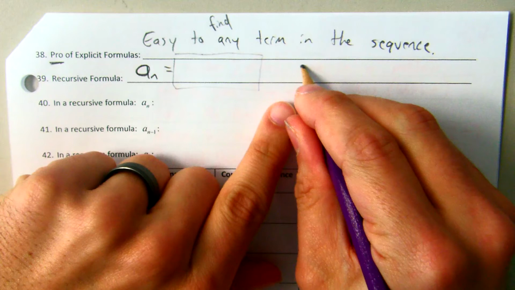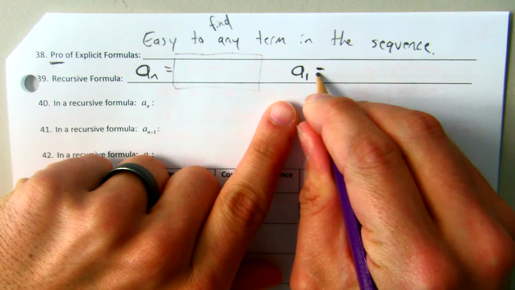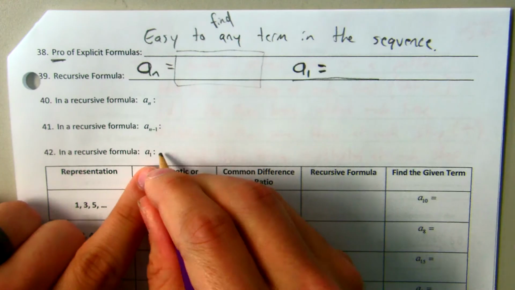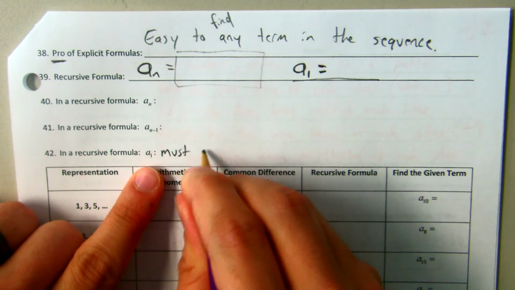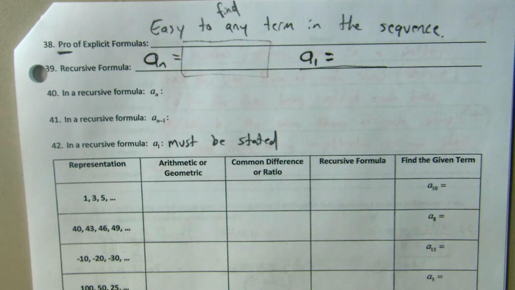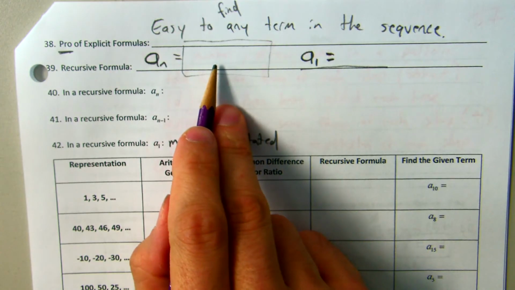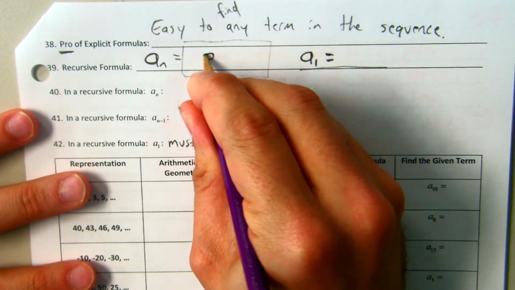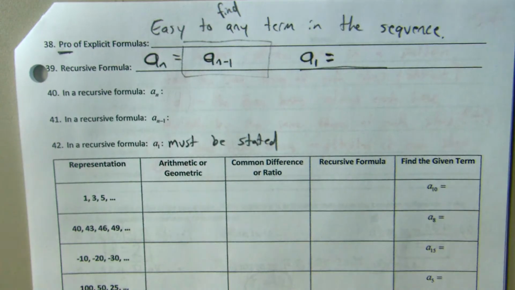And also, it needs this. In a recursive formula, you have to state what a sub 1 is. You have to tell the people where it's starting. And then one of the things in the recursive formula is it always is going to say, part of the formula is going to say a sub n minus 1.